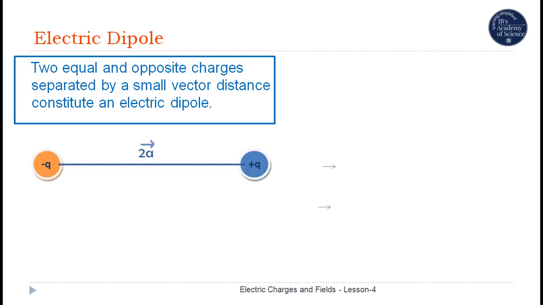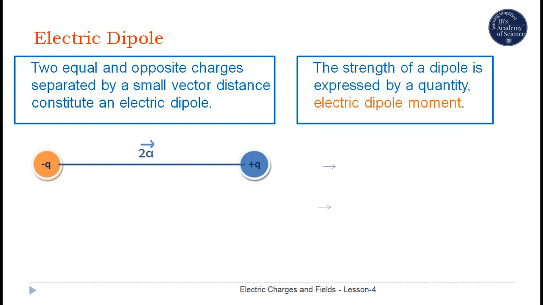Here, two charges plus q and minus q, they are equal and opposite, separated by a distance 2a. 2a is a very small distance, and this distance we call vector distance. Distance is measured from minus q to plus q. Direction of this distance is taken from minus q to plus q. Now this system is called an electric dipole.